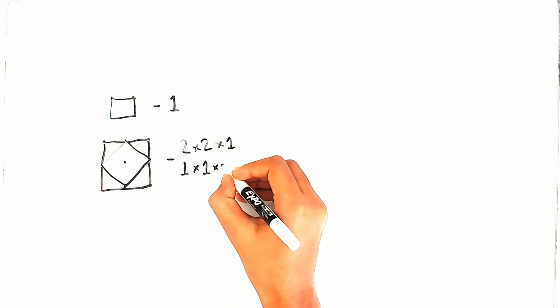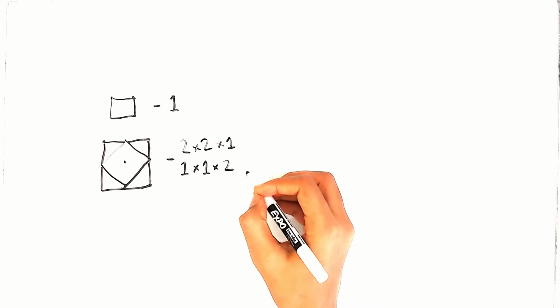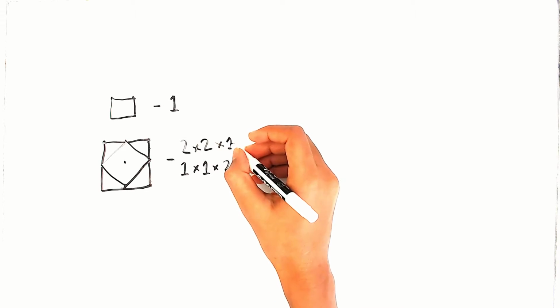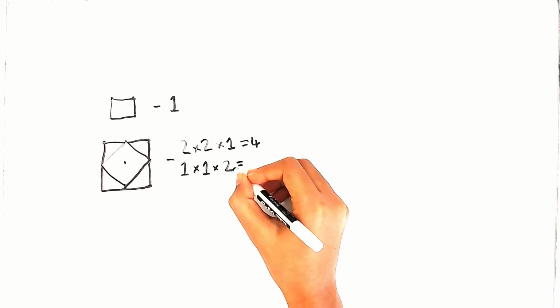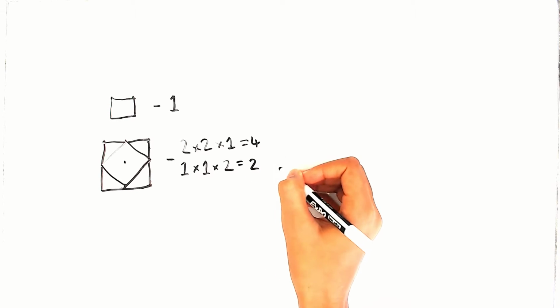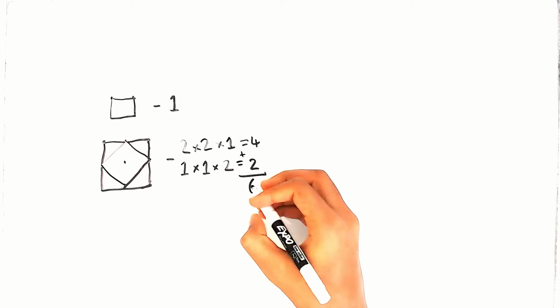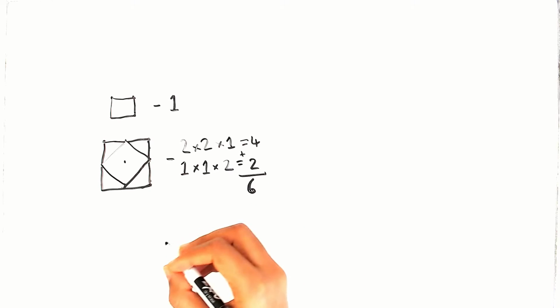So there are 2. So here, 2 times 2 times 1 equals 4, and 1 times 1 times 2 equals 2. So if we add these, it equals 6. So you can make 6 squares.